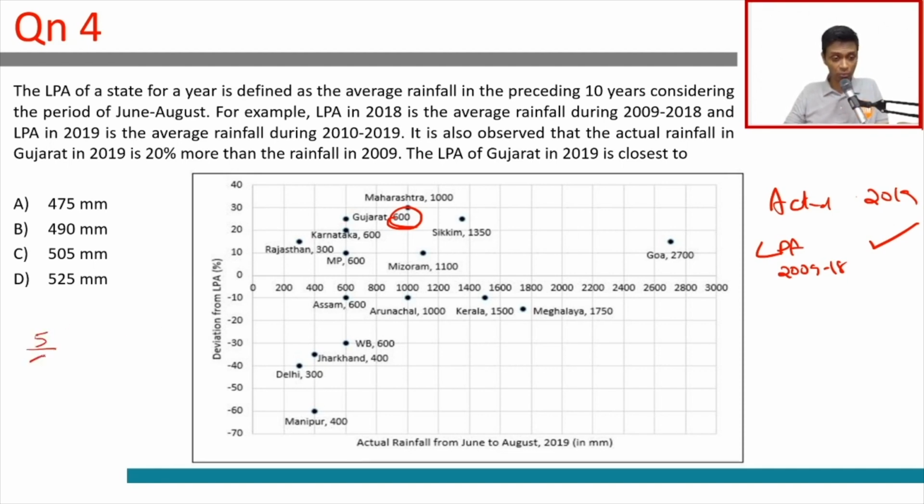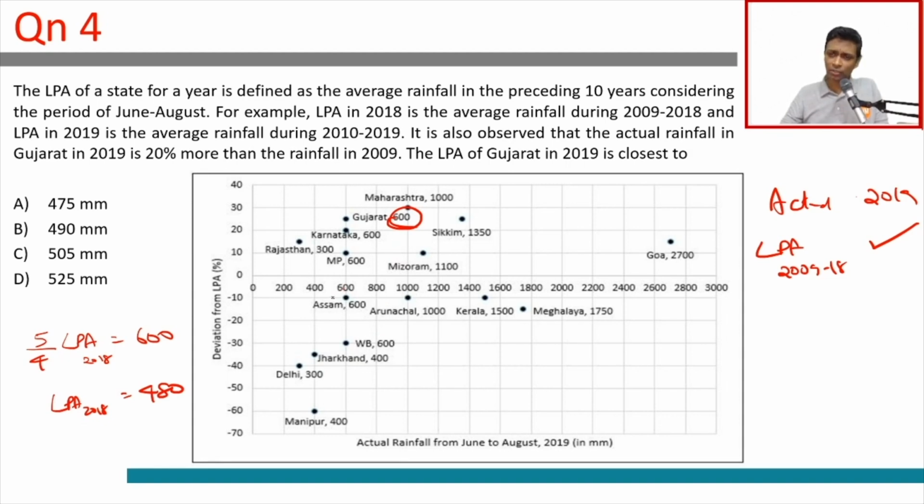So 5/4 of LPA is 600. This is LPA till 2018. So LPA till 2018 is 600 into 4 by 5, which is 480.